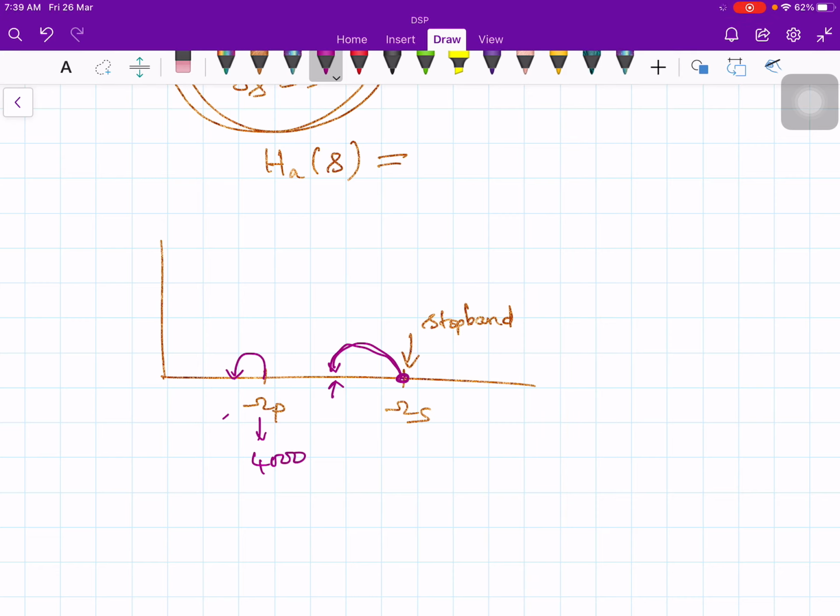So reducing omega p to the left hand side is not good, but bringing omega s to the left hand side is very good. Our job is to determine an H_a(s) which satisfies these specifications. If my stop band starts earlier, I'm happy. So always we try to over satisfy in the stop band, and don't take any liberties in the pass band.